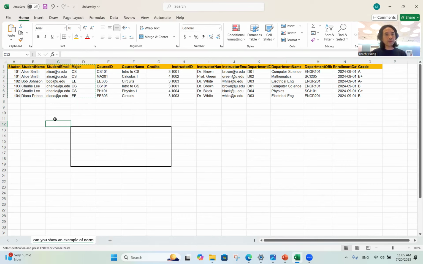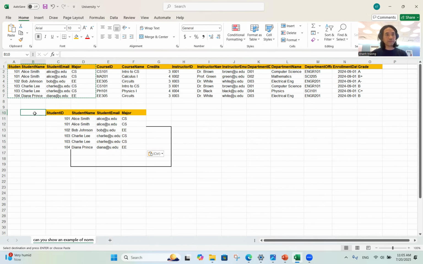Move them into their own table: Course ID, CS 101, Introduction to CS, and you have another one here, Calculus 1. Because of the repeating items, you have to move them over here to their own table.